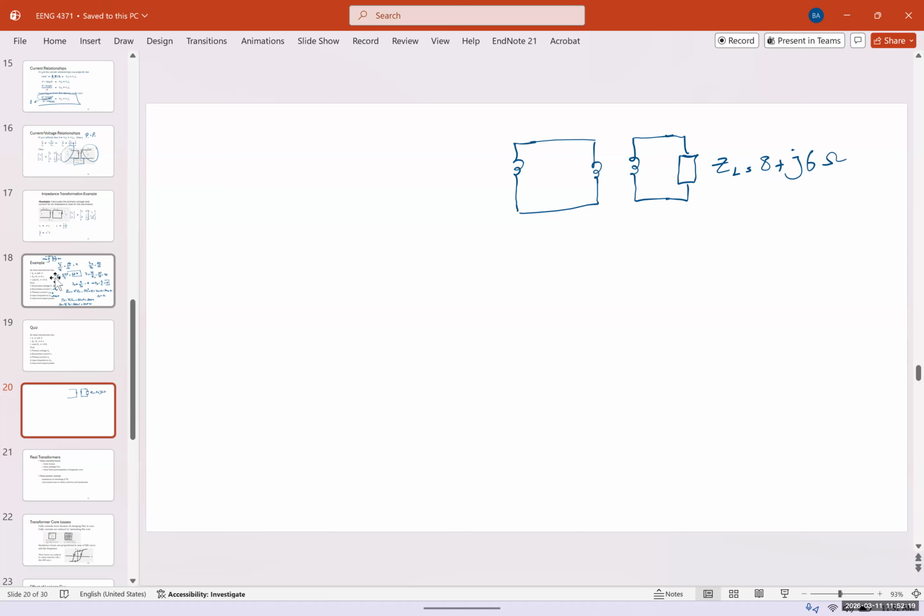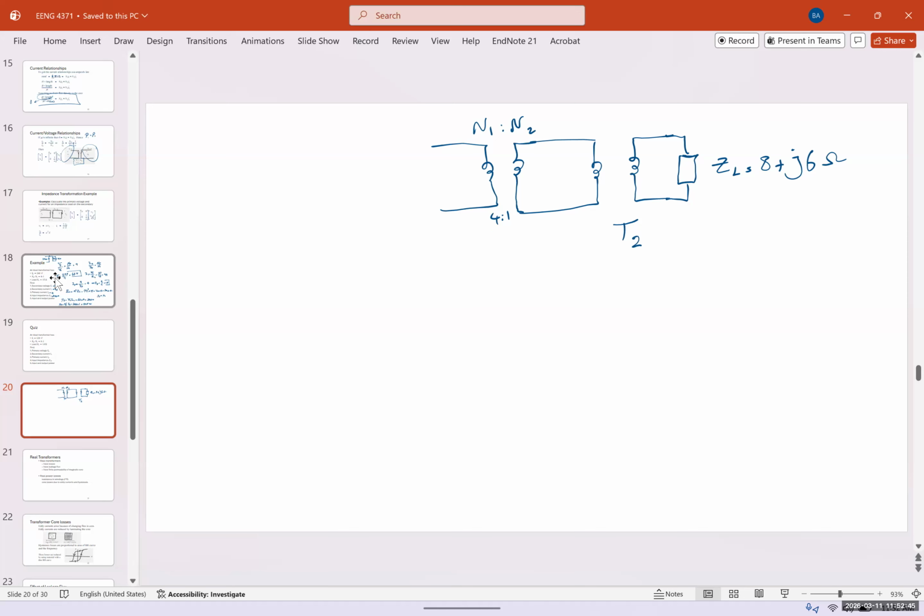And then we have, this is transformer number 2. This is transformer number 1. So I have two transformers. The ratio for the first transformer, N1, N2, is 4:1.